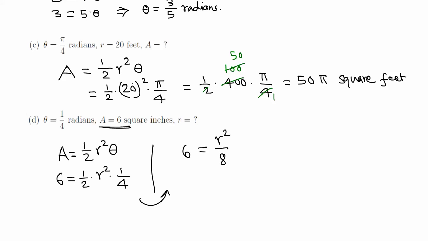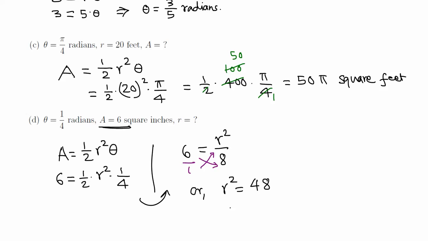Now to determine r, we can say 6 over 1, let's cross multiply, then we get r squared times 1, r squared is equal to 6 times 8, 48.